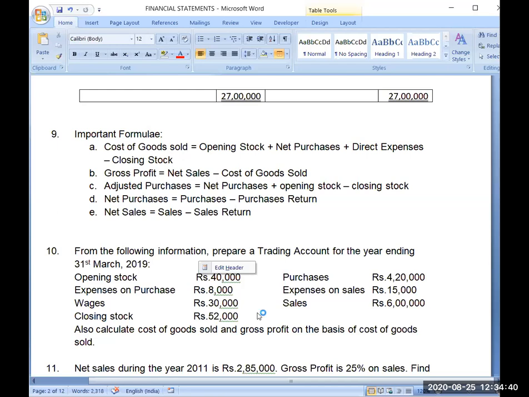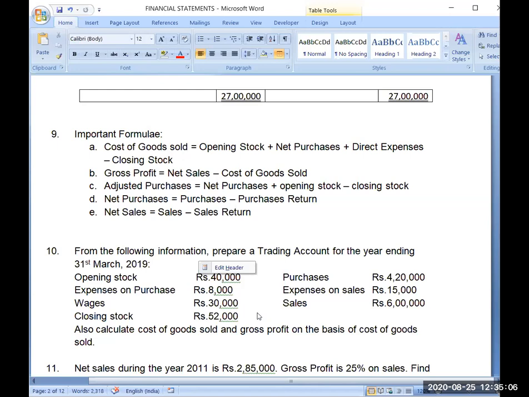So I have incurred some expenses also on that goods, or maybe some processing has been done on that goods. So that's why all these direct expenses have to be added to calculate the cost of goods sold. So the formula is opening stock, whatever stock you were having in the beginning, plus net purchases.